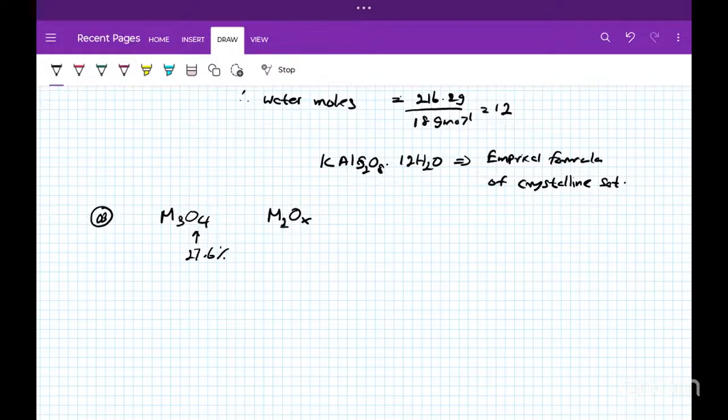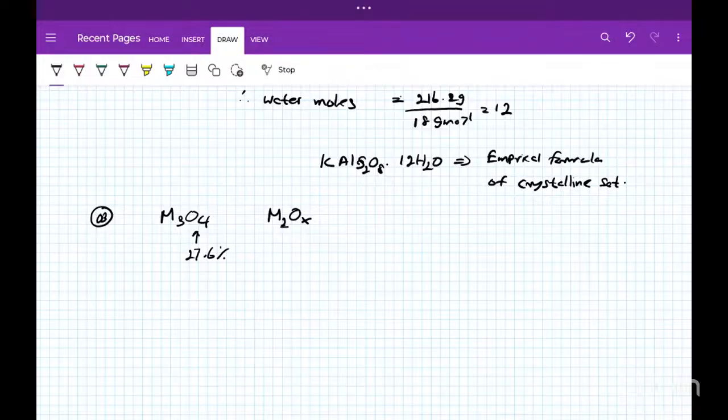But for the moment, I will take the formula of the second compound as M2OX. I need to find X then, right? If X is a decimal, you have to rearrange the ratio. Or else you can take it as MOX as well. That's totally fine.